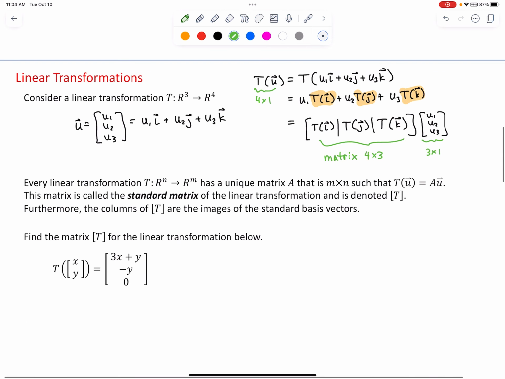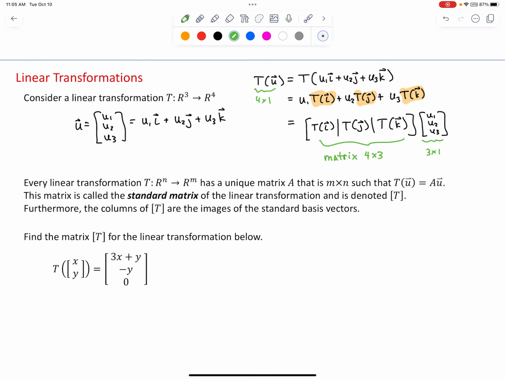All right, the consequence of this analysis in this specific case is really that every linear transformation from Rn to Rm has a unique matrix A that is an m by n matrix, such that doing T of U effectively amounts to doing that matrix times U. So all linear transformations can be thought of as matrix-vector multiplication.